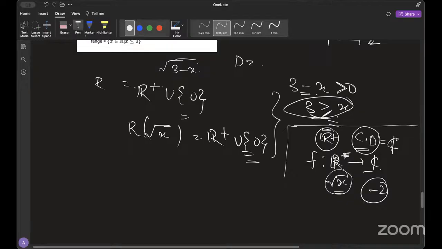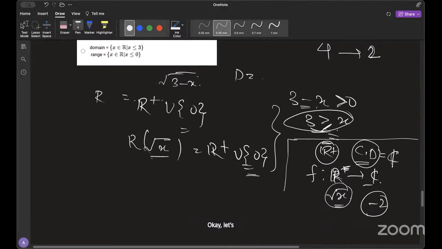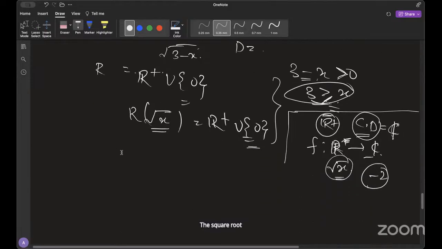Once more, please explain how we have to find the domain of the set. Is the range part clear firstly? Yes, ma'am, range part is clear. One time, please explain domain. Okay, the square root function is defined as: if you have a 4 here, you will get only 2.